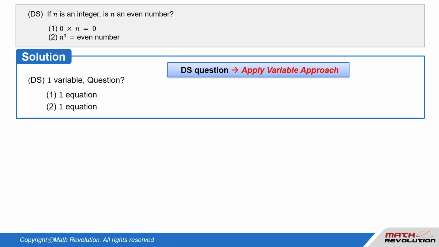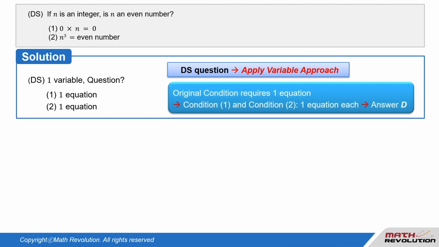DS. One variable. Question. Condition 1: one equation. Condition 2: one equation. DS question with one variable. Let the original condition in the DS question contain one variable.